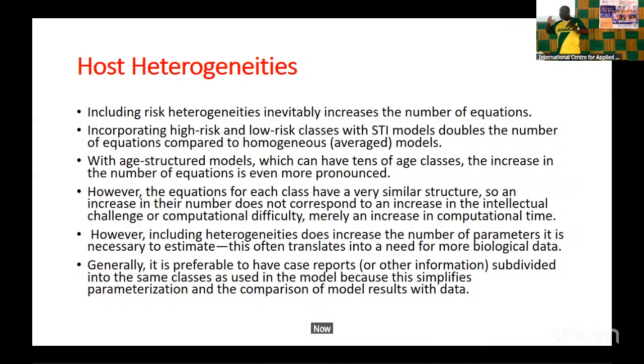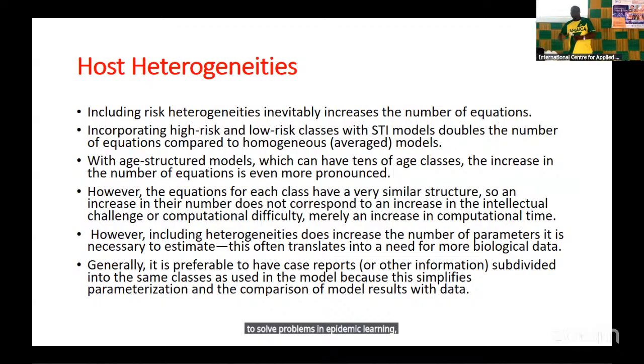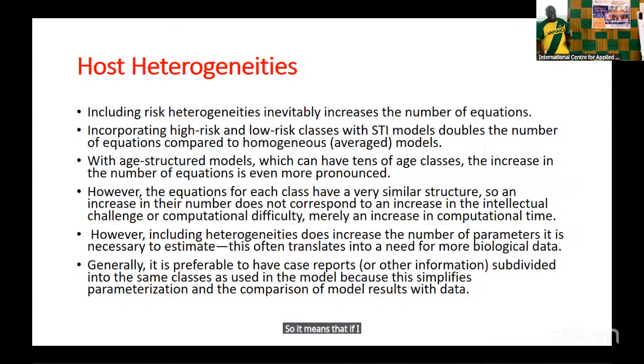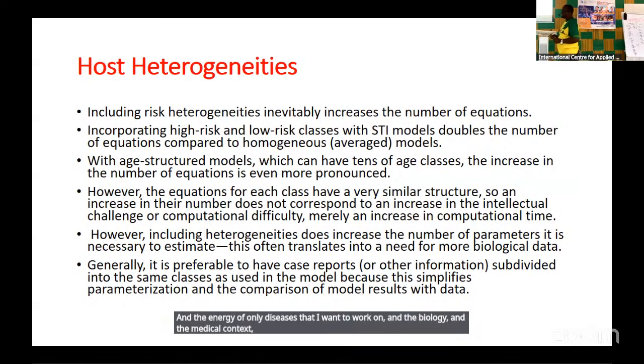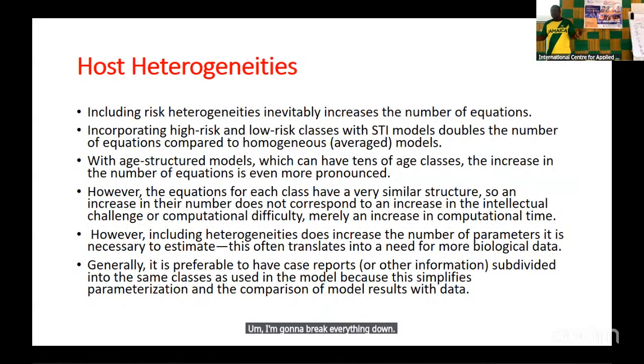When it comes to using maths to solve problems in epidemiology, the problem does not come from maths. The problem comes from the epidemiology, but the method of solution comes from maths. So if I don't have a good grasp of the epidemiology, or the biology, or the medical context of any disease I want to work on, I cannot do anything there.